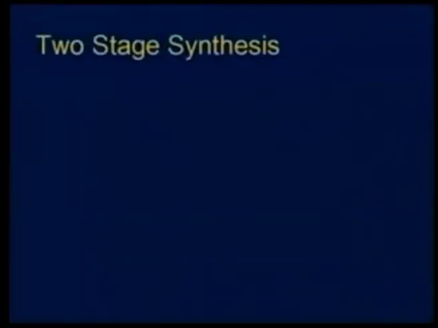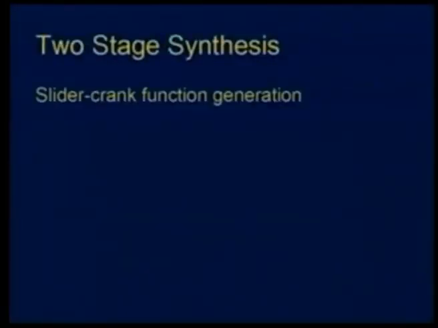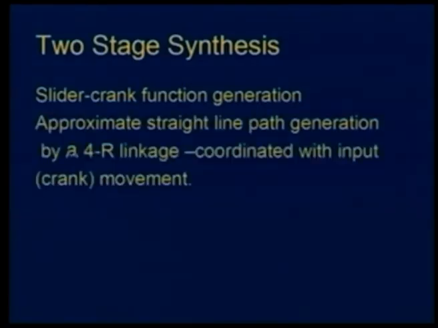We have already seen that using these 3 problems and a 2-stage synthesis technique, we could have designed first a slider crank function generator and then use that design to generate an approximate straight line path generation of a 4R linkage coupler curve, which could be coordinated with the input, that is the crank movement.